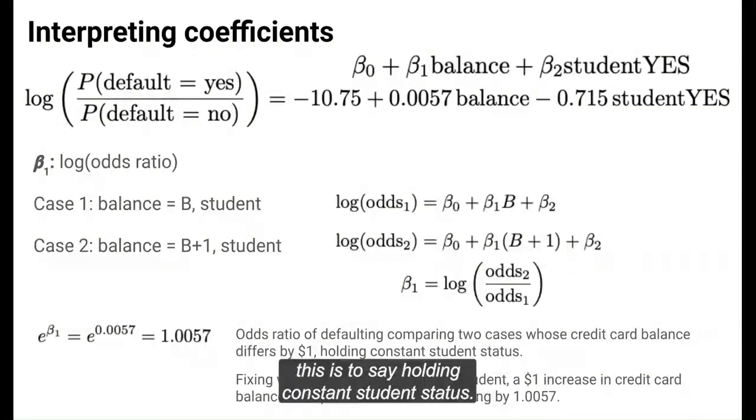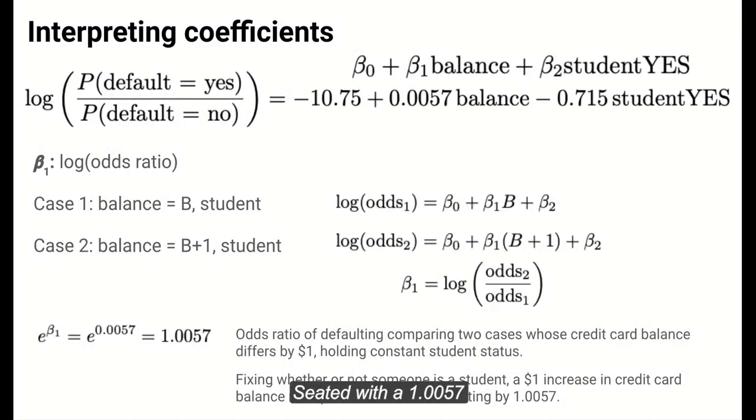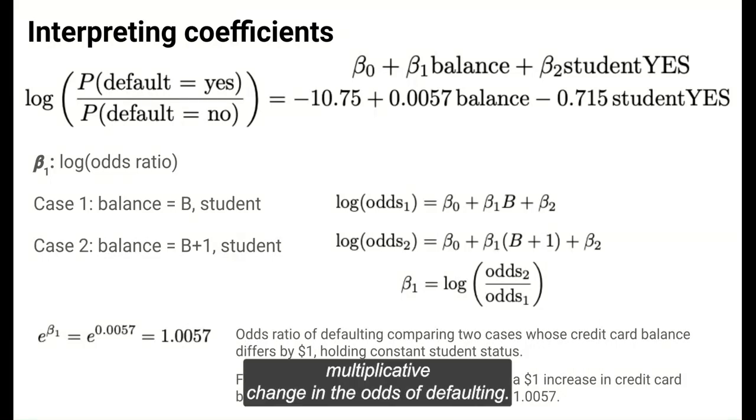Another way to phrase this is to say, holding constant student status, each $1 increase in credit card balance is associated with a 1.0057 multiplicative change in the odds of defaulting.